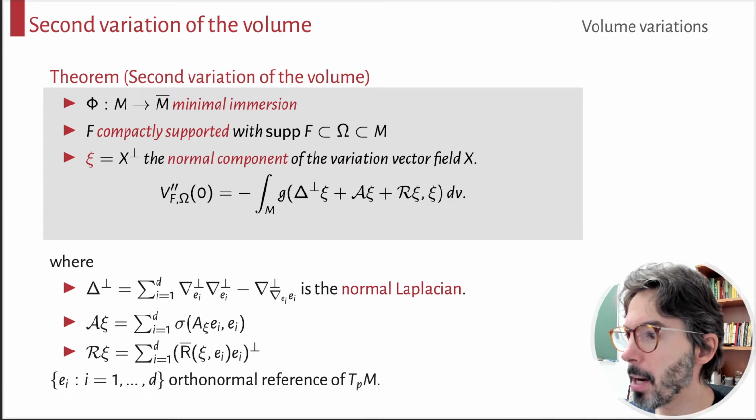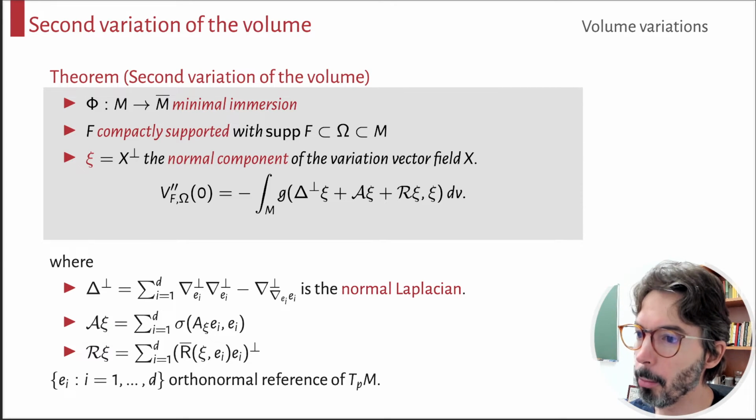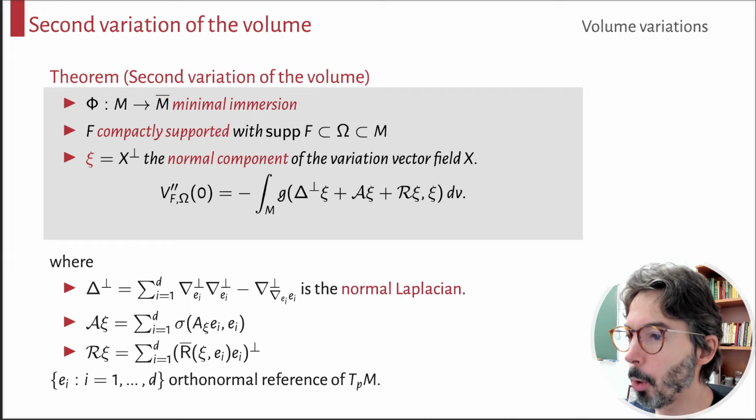So now there appears in this functional the normal Laplacian, some terms involving the second fundamental form, and some terms involving the normal component of the curvature of the ambient manifold in the direction of the normal section psi.